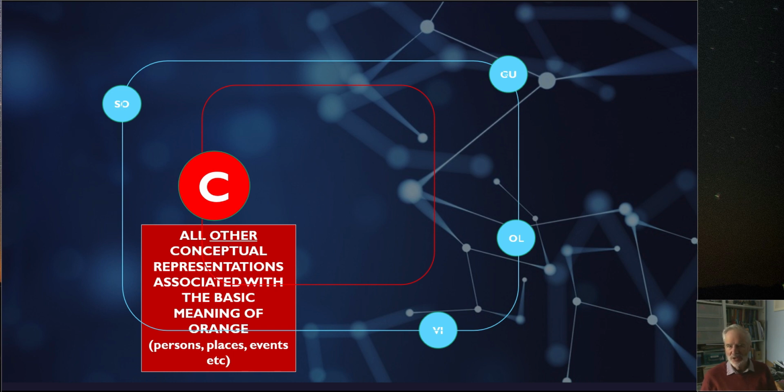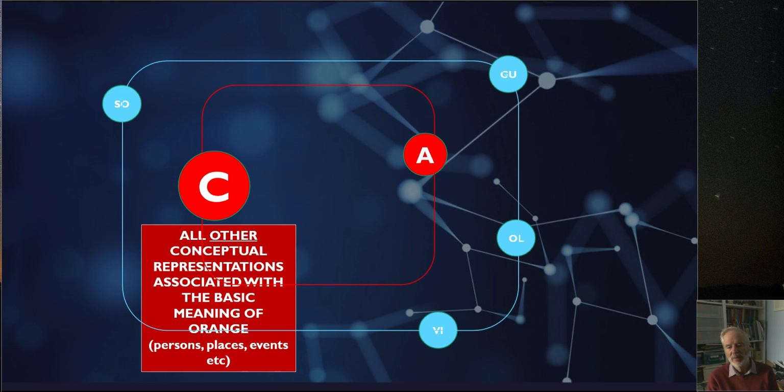There will be persons associated perhaps with oranges. There will certainly be places, events, experiences of various kinds, all associated, and they will all have a meaning, and that meaning will be part of the internal context of orange.